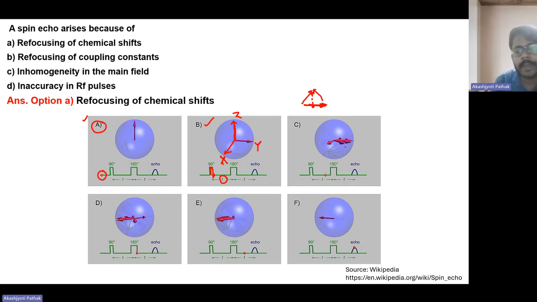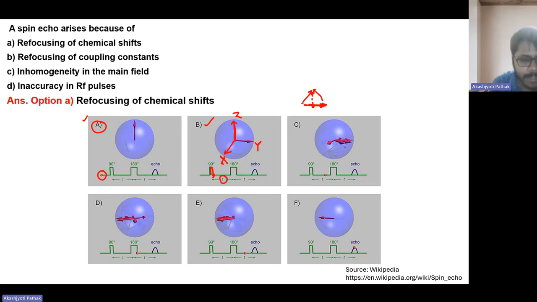After figure B, I'm allowing a delay time of T, during which the nuclear spins are dephasing or getting relaxed. At the end of this time T, I'm applying a 180-degree pulse. So from the plus y axis, that magnetization will get shifted to the minus y axis.